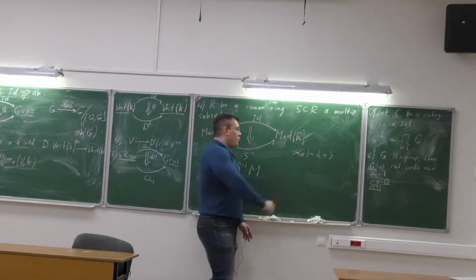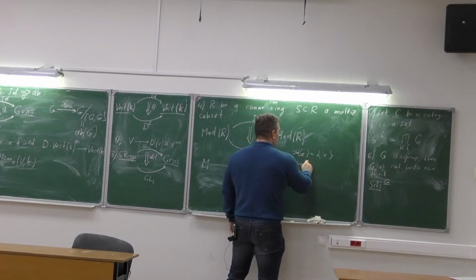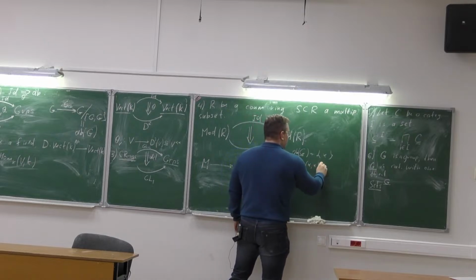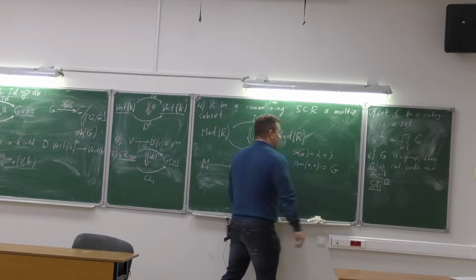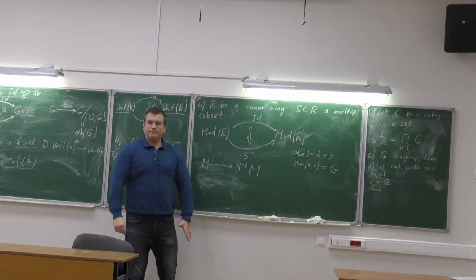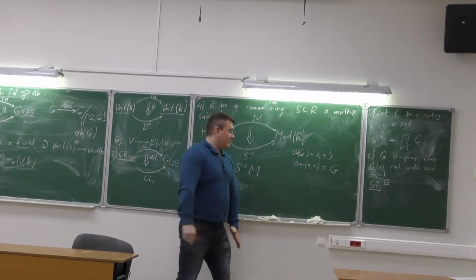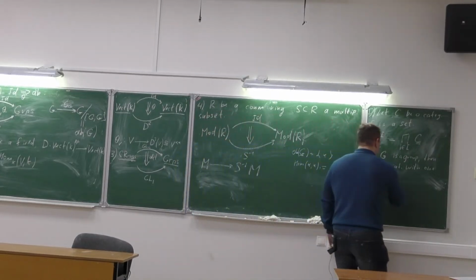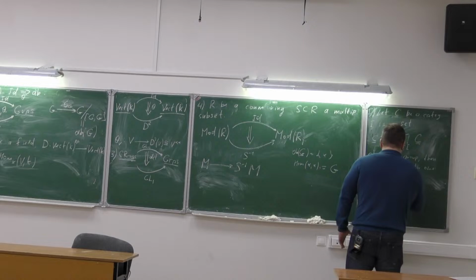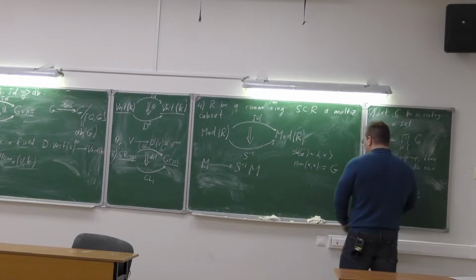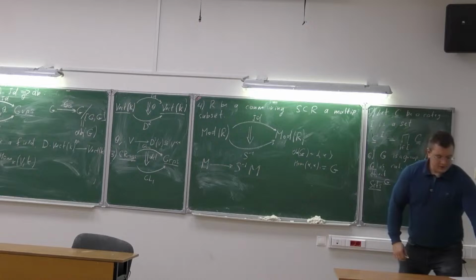And then you have Hom from star to star, and I'm saying that this is by definition the given group G. So the answer for this is precisely G-sets. Let's spend several minutes to understand why this is G-sets.